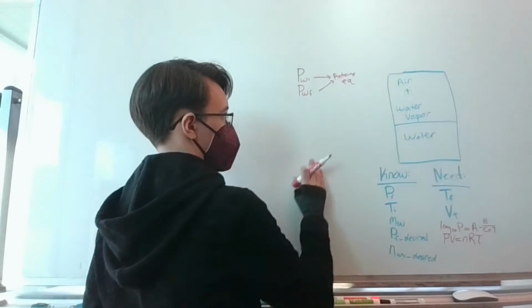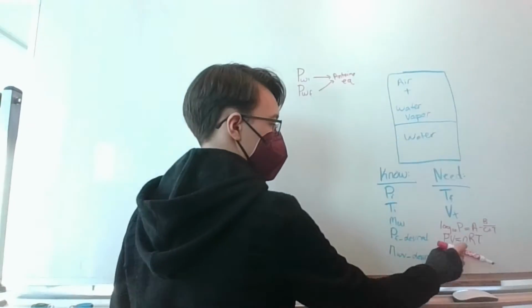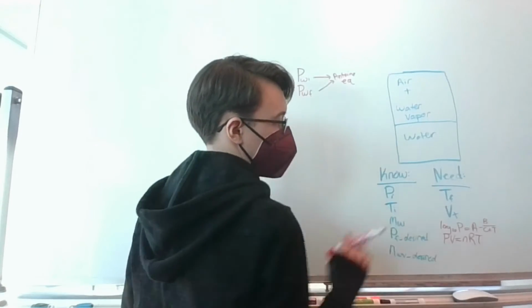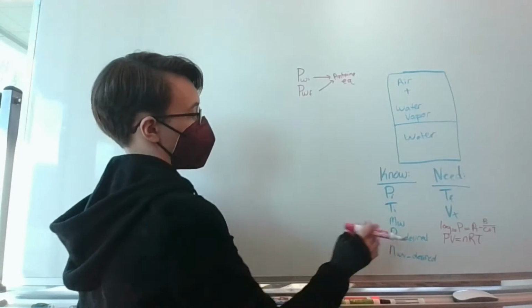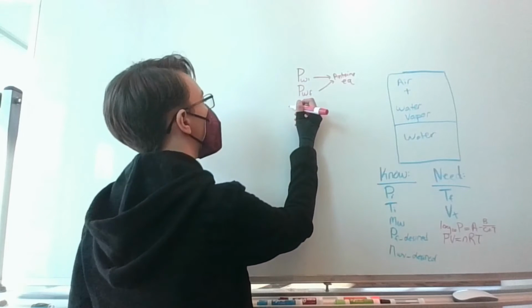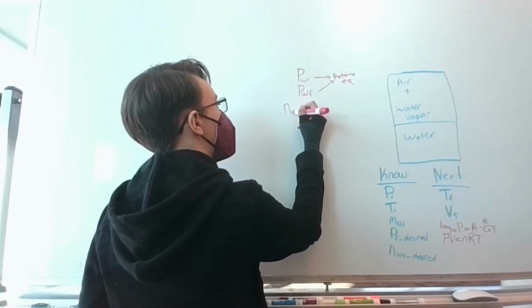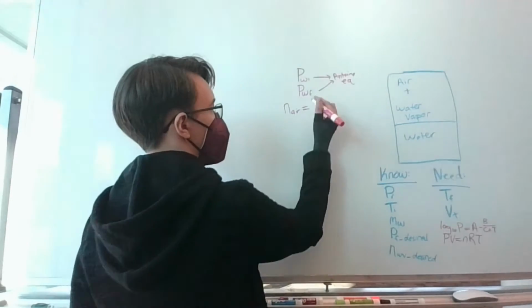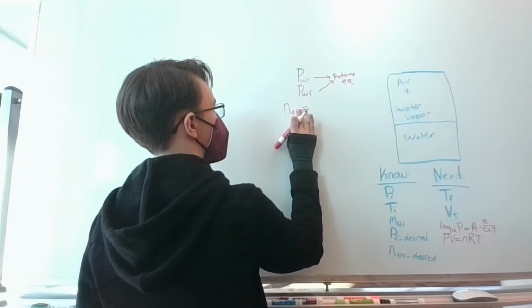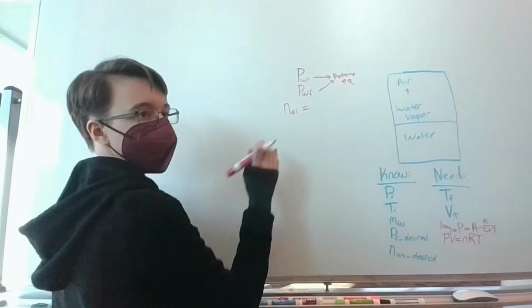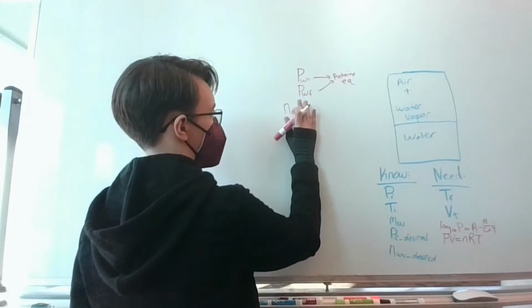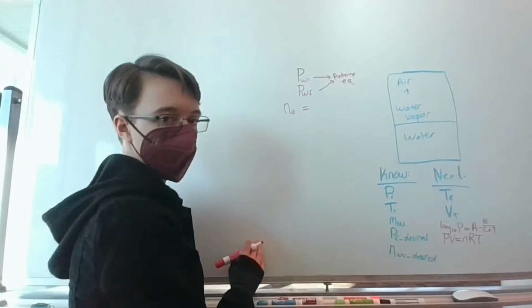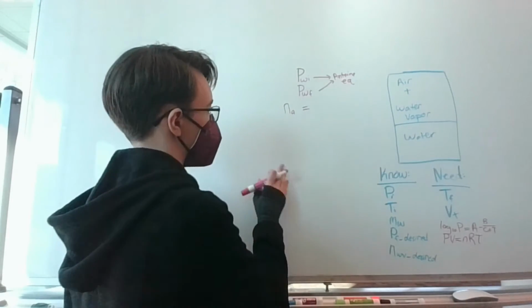So let's work on finding out how much air. PV equals nRT can give us the moles. So let's find moles of air. The moles of air will be equal... The moles of air initially, the moles of air are going to remain the same throughout the entire problem, so we don't need the initial there.